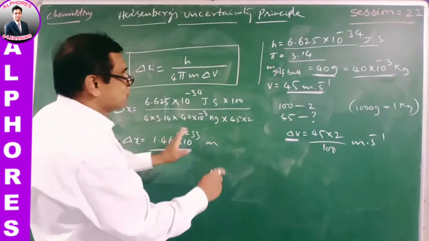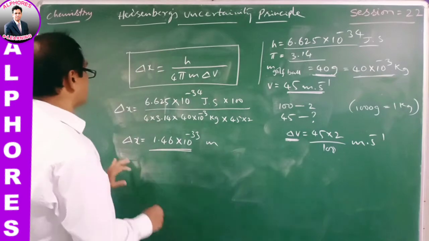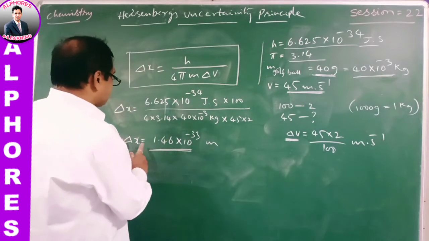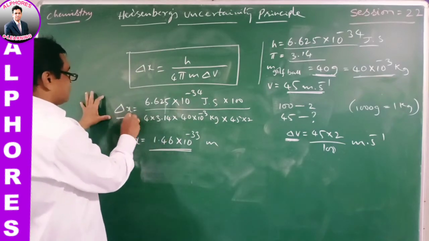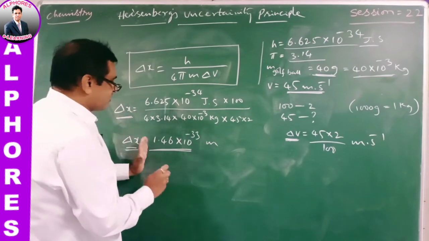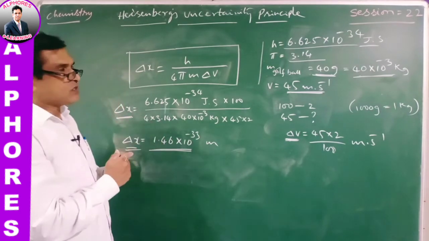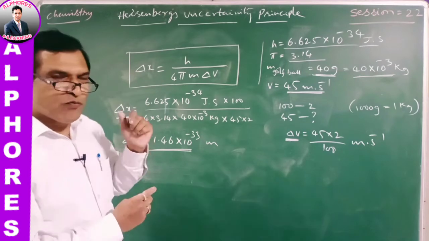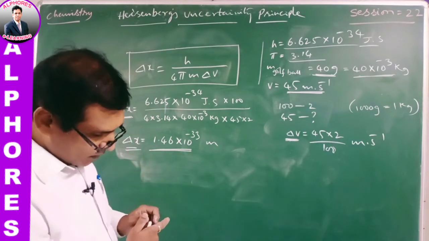Then substituting all the values in this formula and simplifying, the uncertainty in the position is calculated like this. Okay, this is the problem. One more numerical, let us work on that.